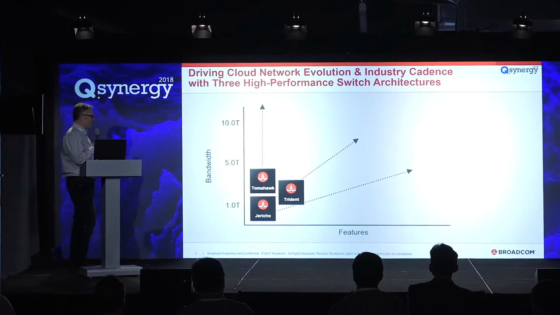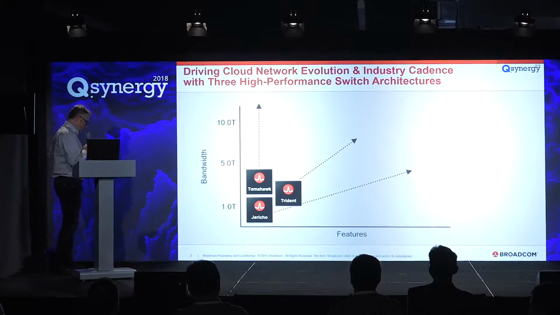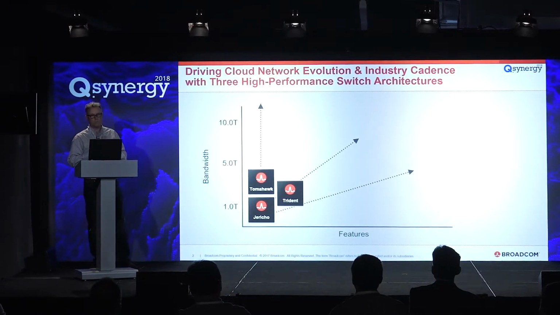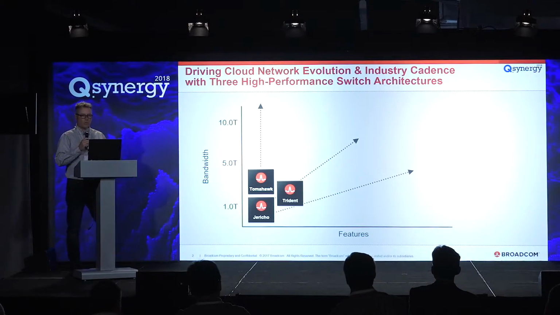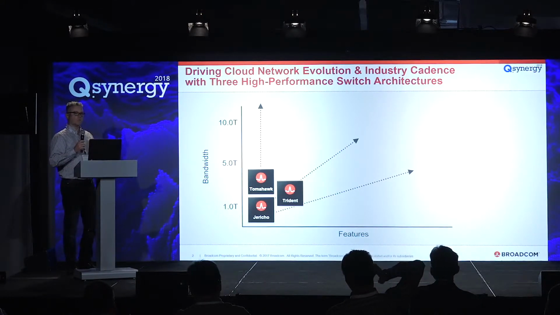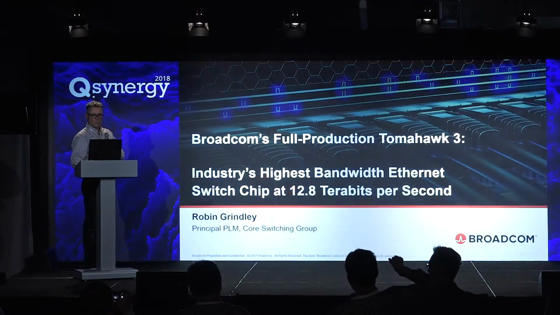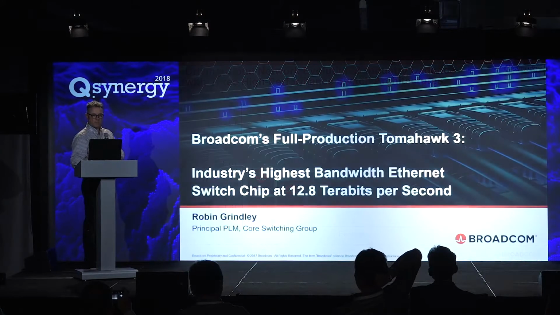So those of you familiar with the Broadcom products, within the core switching group, CSG, we have 3 different basic product lines. So we're segmented to look at different market segments here. Oop, I think my graphics disappeared.